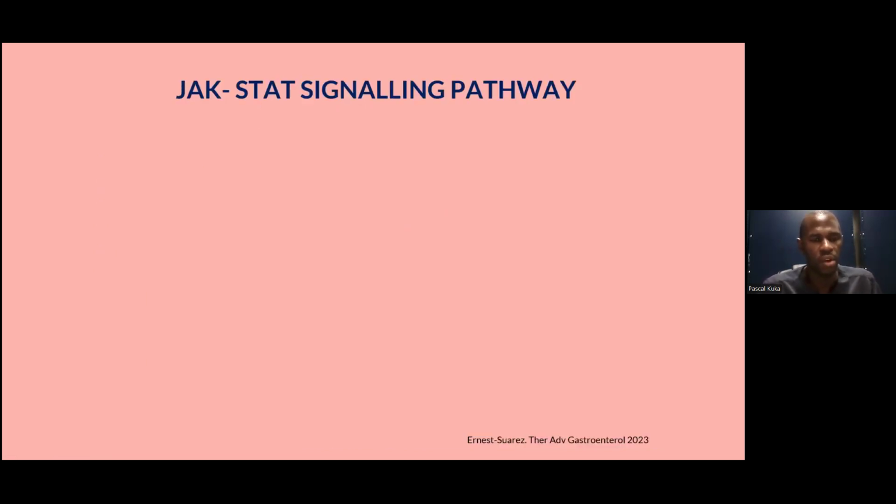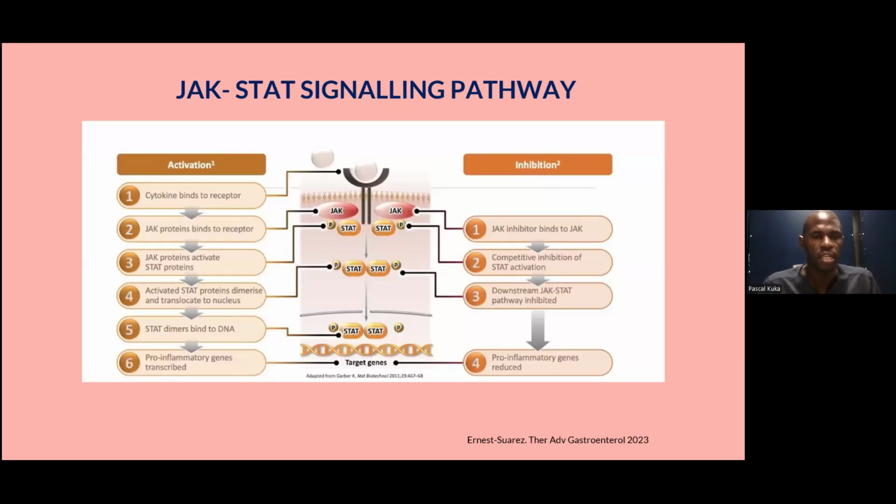So now we shall go on to the small molecules, starting with the JAK-STAT inhibitors. In terms of the mechanism, the JAK-STAT signaling pathway is one of the signaling pathways that is utilized in multiple organs.